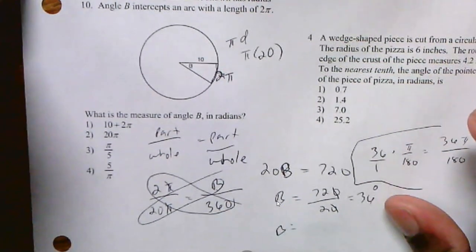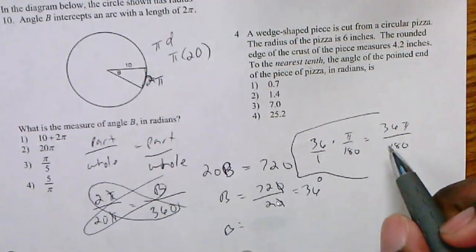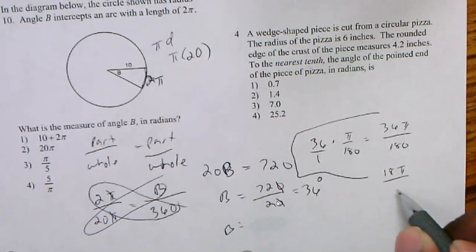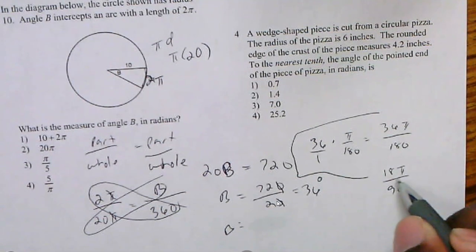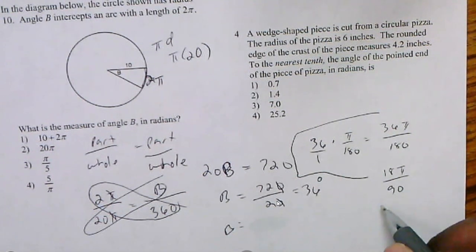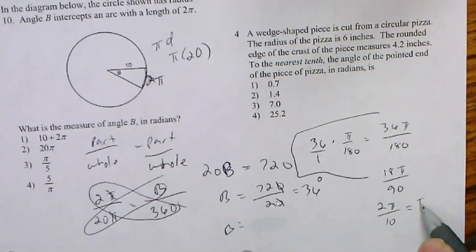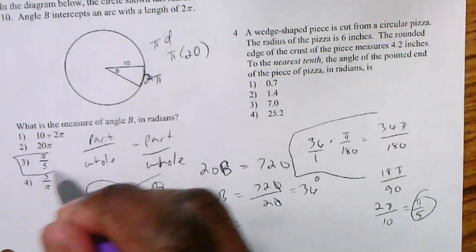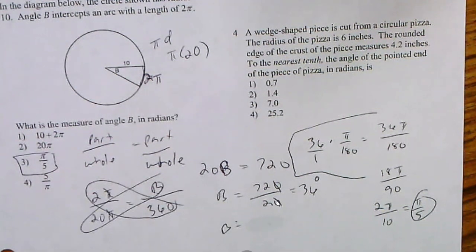Both of those are even, so I can divide them both by 2, which gives you 18 pi over 90. Those both are divisible by 9, so that will give you 2 pi over 10. And 2 over 10 reduces to pi over 5, because 2 goes into both. So 36 degrees is pi over 5. The answer choice for that one is pi over 5.